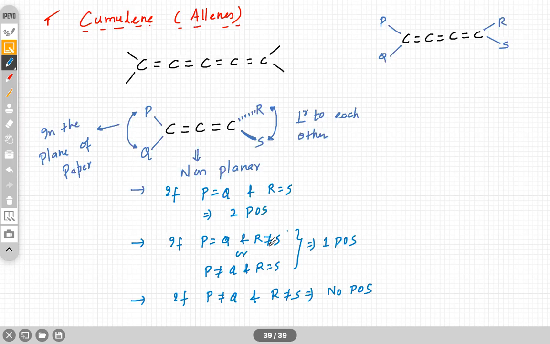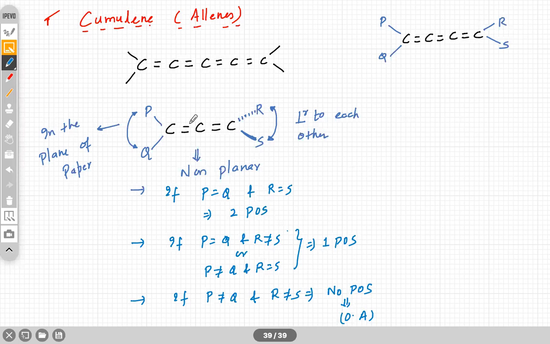And similarly, we can have another condition, these three elements, and we'll have a plane along this line. Correct? Another one, if all these four are not equal, then we won't have any plane of symmetry. And this is the condition of optical activity.